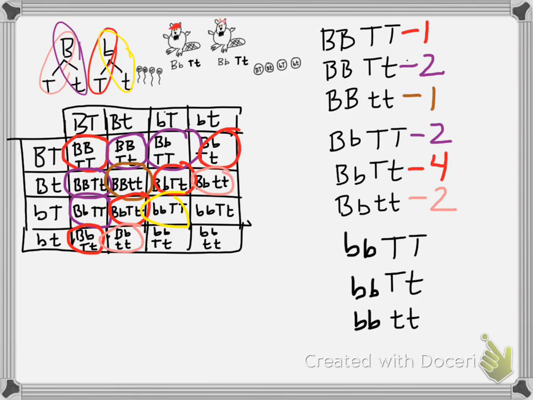Little b little b, big T big T, I see 1. Little b little b, big T little t, I see 2. And homozygous recessive for both traits, I see 1. That's horrible. Absolutely, utterly awful. But that's okay.